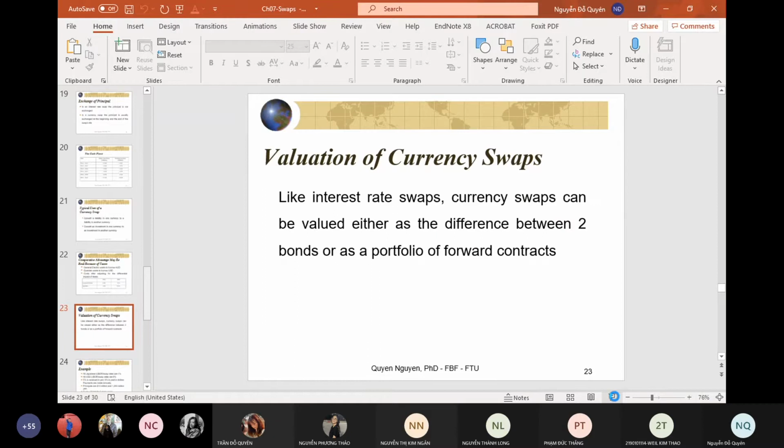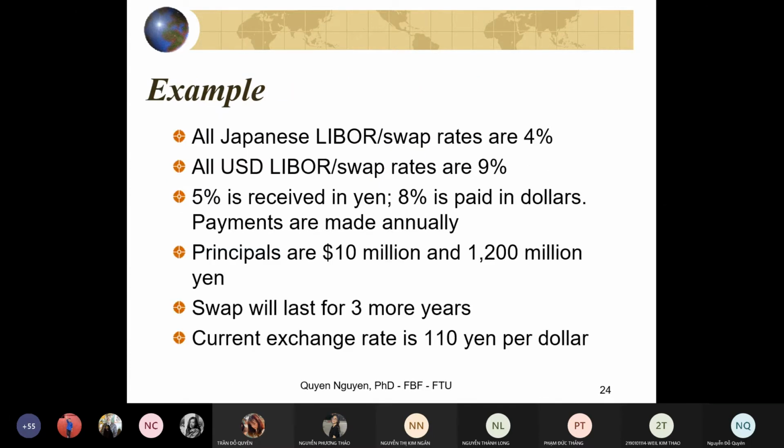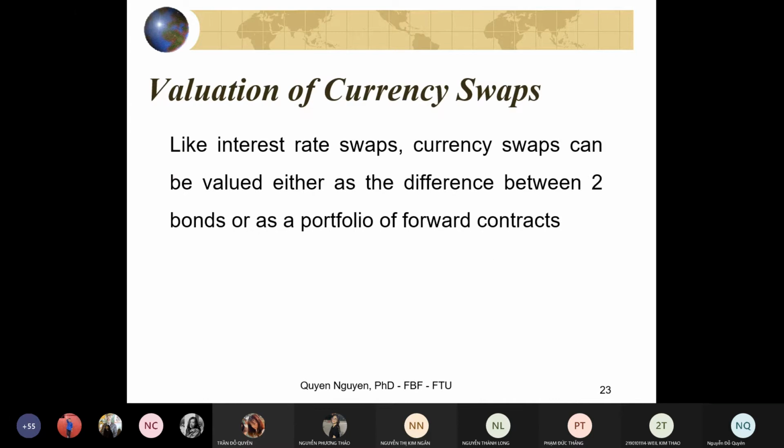Okay. We have the valuation part, but I will let you discover it more in the book, because we will end up with the comparative advantage argument in the swap contract.